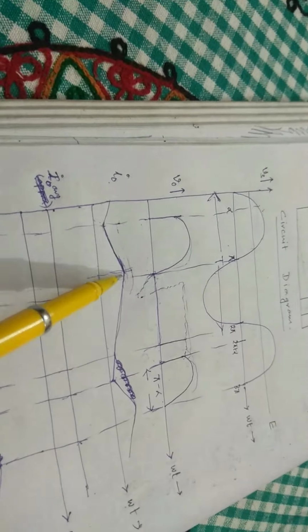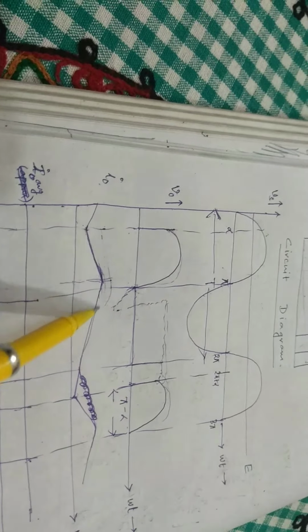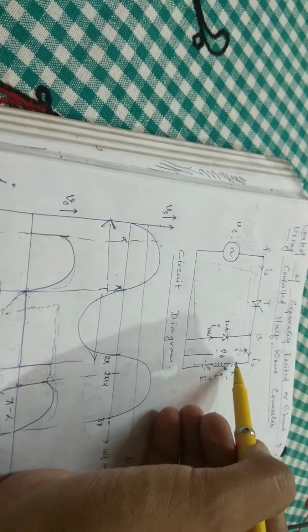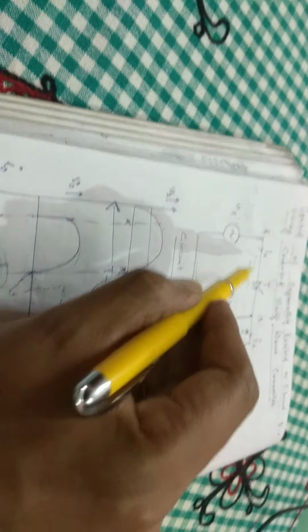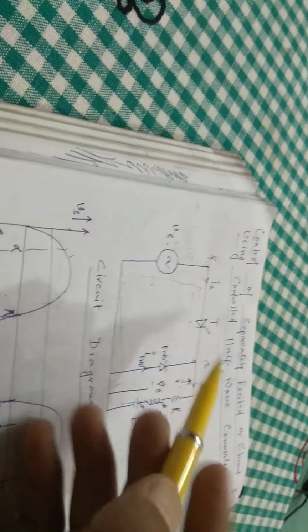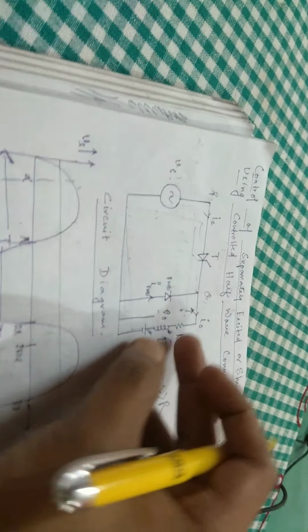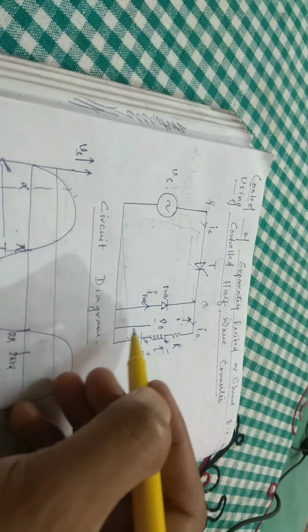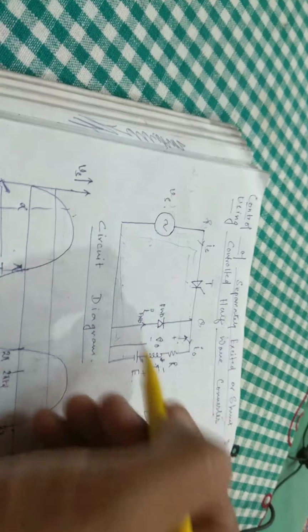Then this current starts discharging. Now there is only one thyristor, and the direction of the current can only be this, as this is a unidirectional device. So the direction of current cannot change. The polarity of the inductor changes, so current is still conducting in this direction.